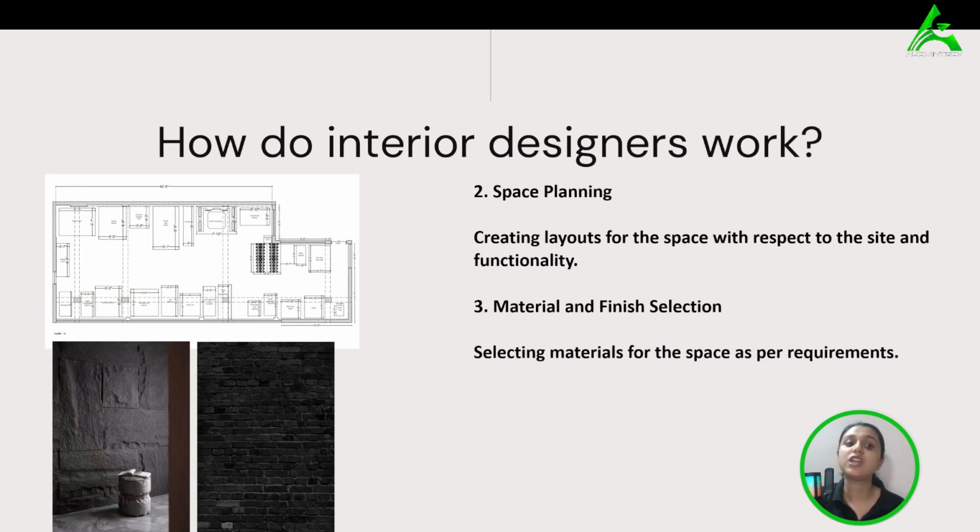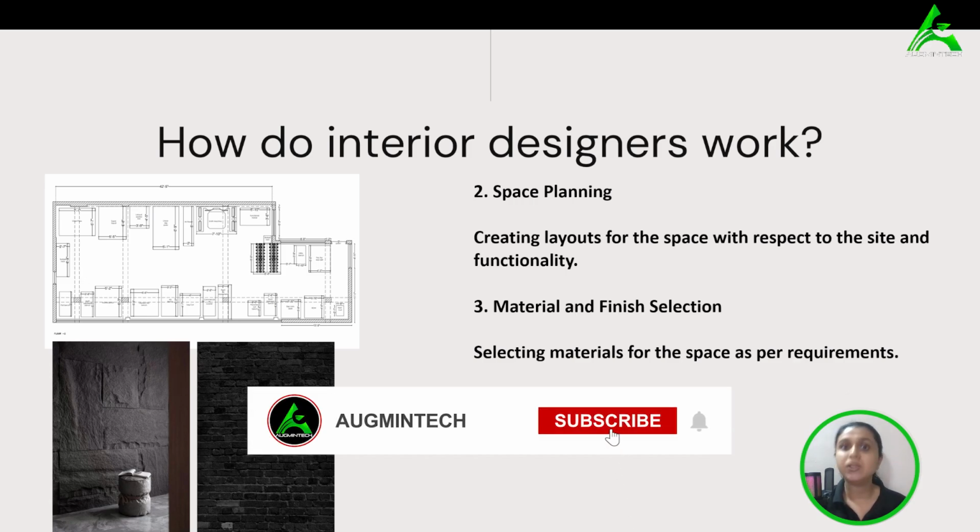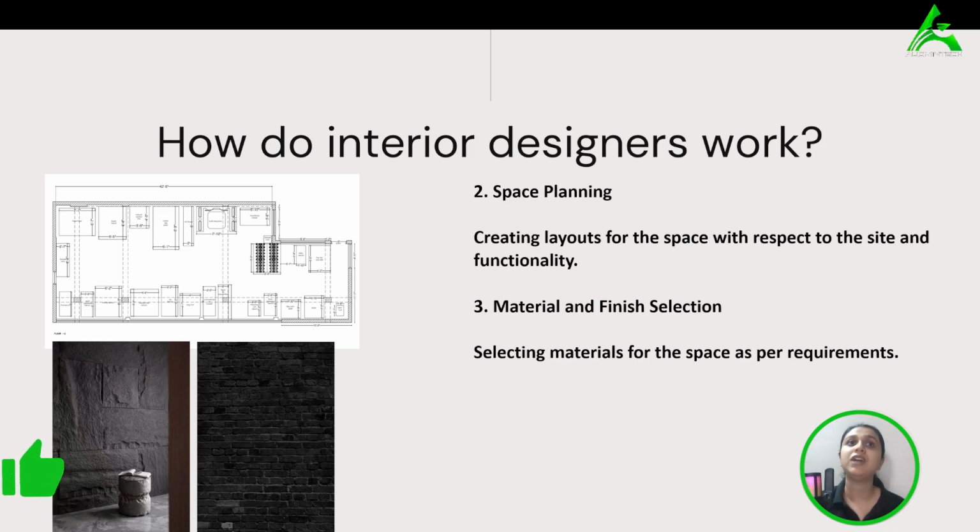Then we go to stage two, which is called space planning. Now, when you know the site, first of all, of course, you will get the measurements done. Each and everything on site needs to be measured, needs to be noted down. Now, as interior designers, when we enter a building or when we are there to work on a certain site, there are many things that are already there on site.